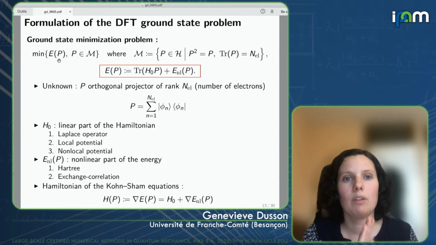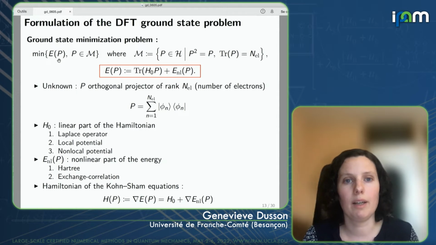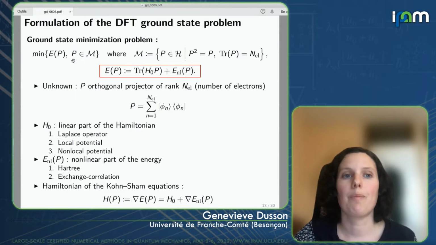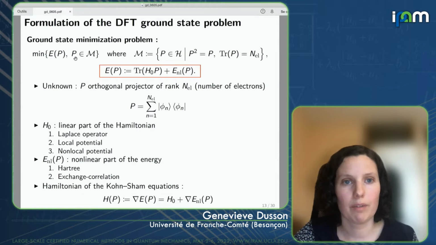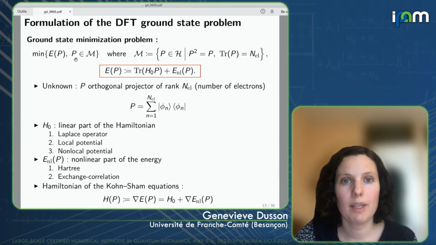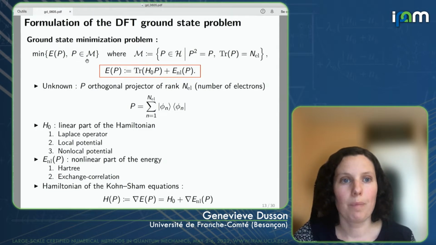And so the correspondence is just that the orbitals that are eigenstates of the quantum problem span the space on which this projector acts. So this is the range of this projector, basically. And so the problem we are looking at is the minimization of this energy, where P is an orthogonal projector of rank the number of electrons in our system.